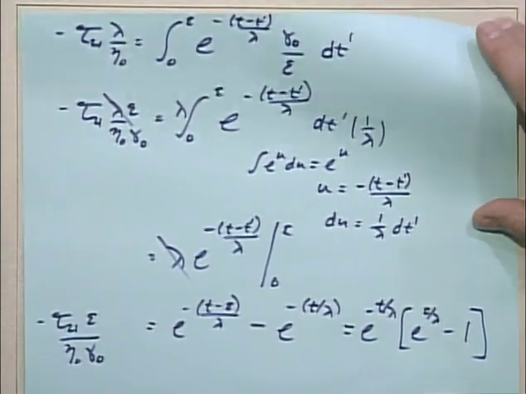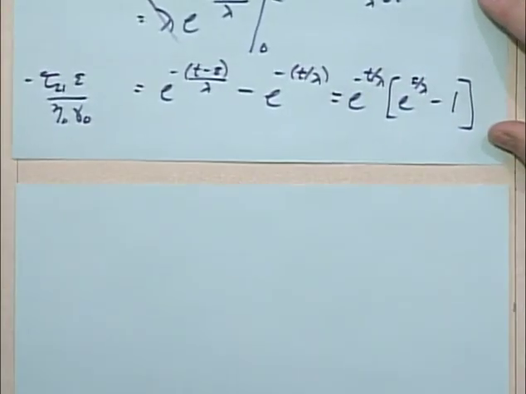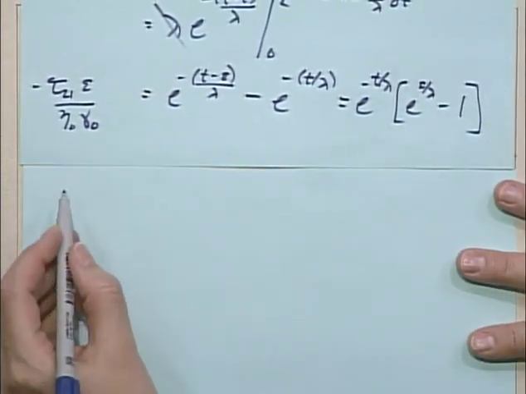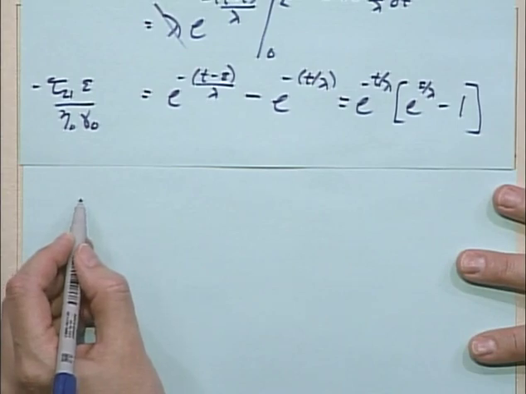So the last thing we need to do is take the limit as epsilon goes to 0. So let's move things back where they belong.